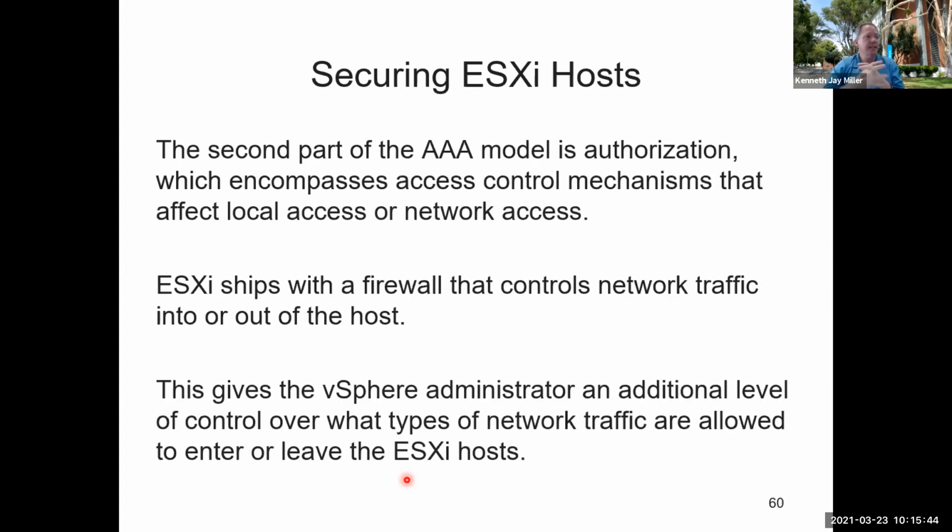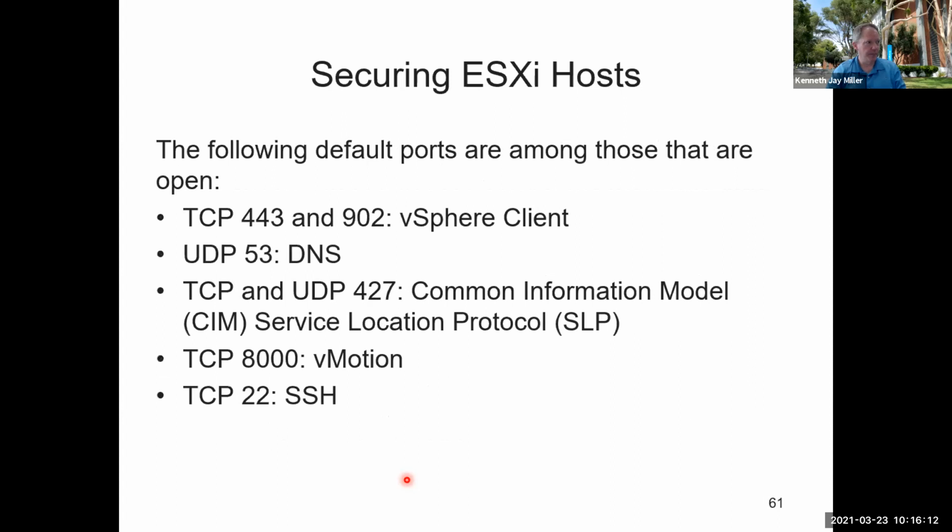Right? Now, the second part of the AAA model is authorization. And this encompasses access control mechanisms that allow for local access or network access. Out of the box, ESXi comes with a firewall that is designed to control traffic into or out of the host. This gives the administrator an additional level of control over what kind of traffic can come in and out of the system.